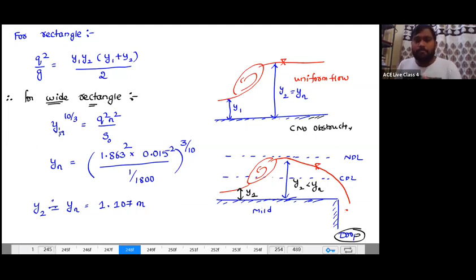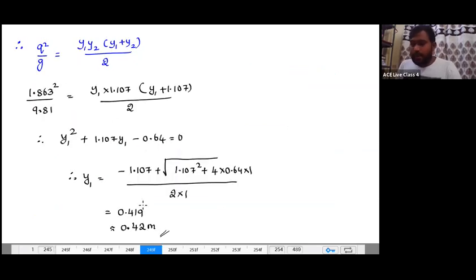GVF means flow depth; yn means uniform flow. So from there I can find yn, substitute in this equation, and I got the answer. Let me check that answer. Yes, the answer is 0.42. So I hope you are able to understand this.